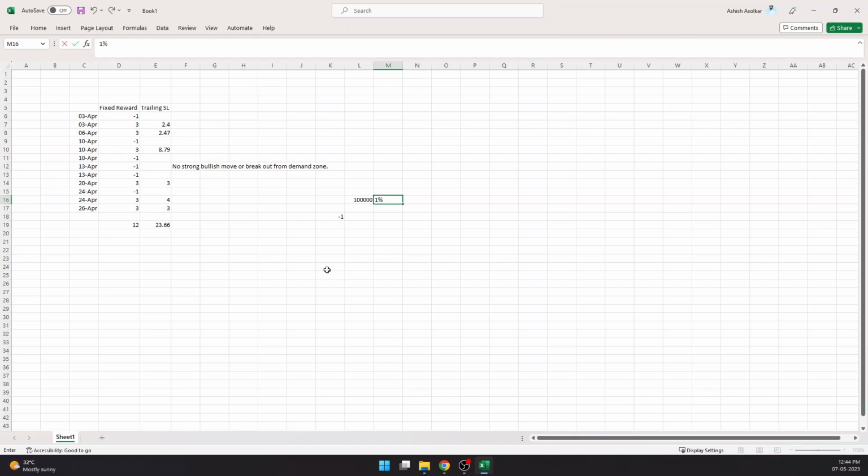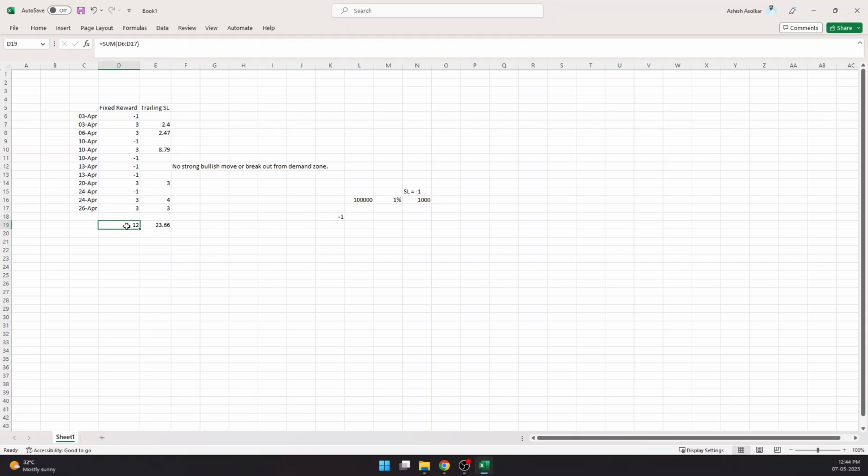We have a 1% SL, that is around 1000 rupees SL. So let's say this is -1; SL means this is the risk that we took, 1000 rupees, with -1.